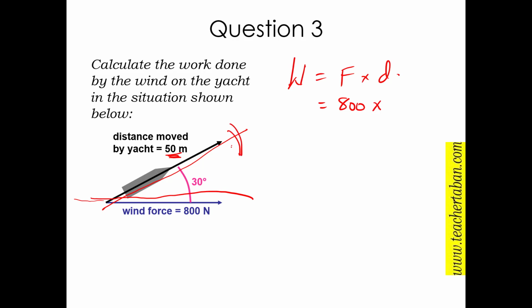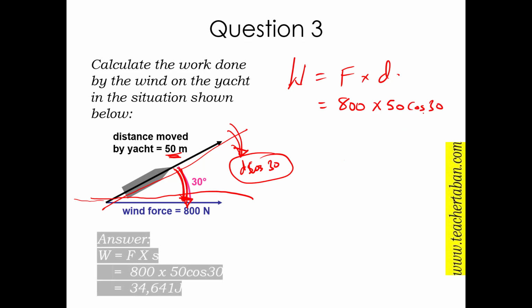We resolve this to the horizontal. So it will be the cos of 30 degrees. Remember, if the angle is onto the direction that you want, then use cos. So in this case, we shall be having 800 times 50 times cos of 30, and therefore our answer is 34,641 joules. I hope that is okay with you.